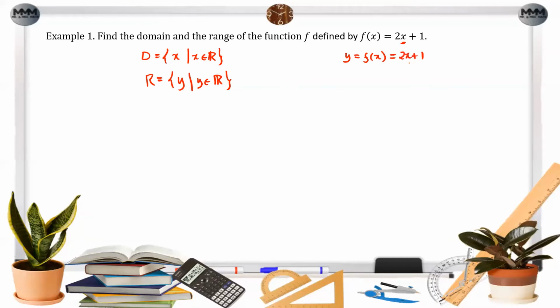So whenever we substitute or assign a value to x here, any real number, the value of y is also a real number. So if we assign any real number to x, the value of y changes, but still a real number. Hence here, R is the set of the values of y such that y is a real number. And that is the range.